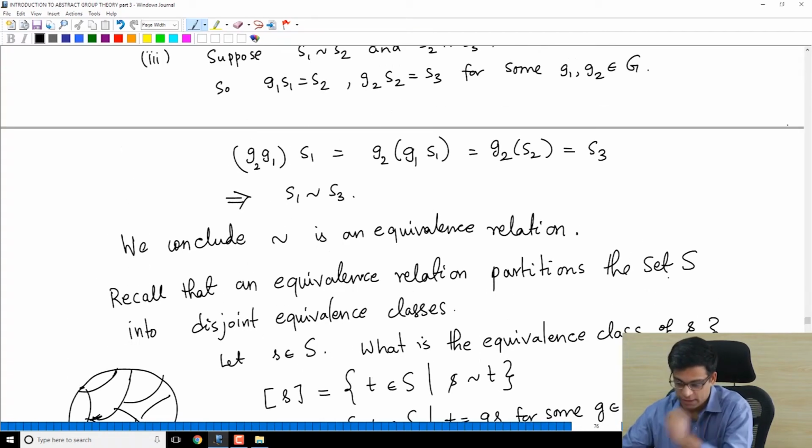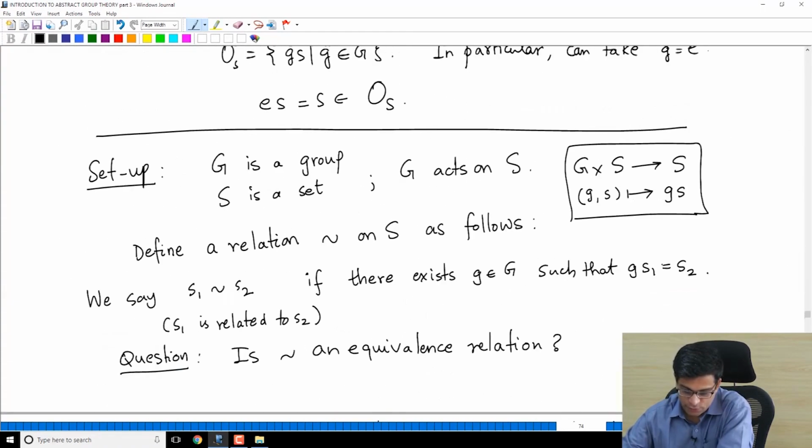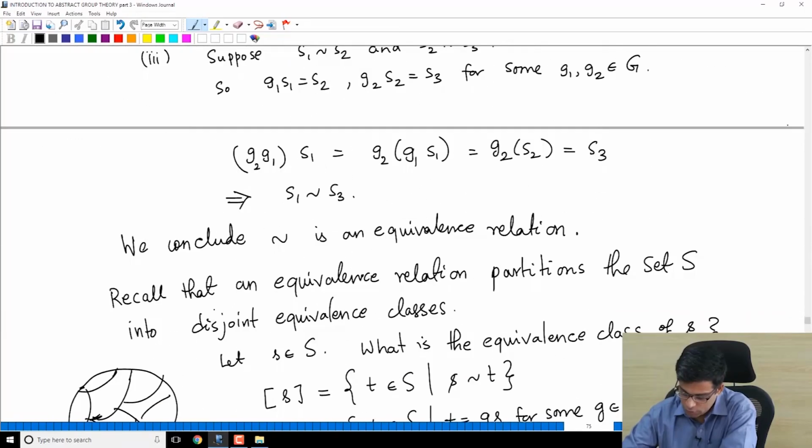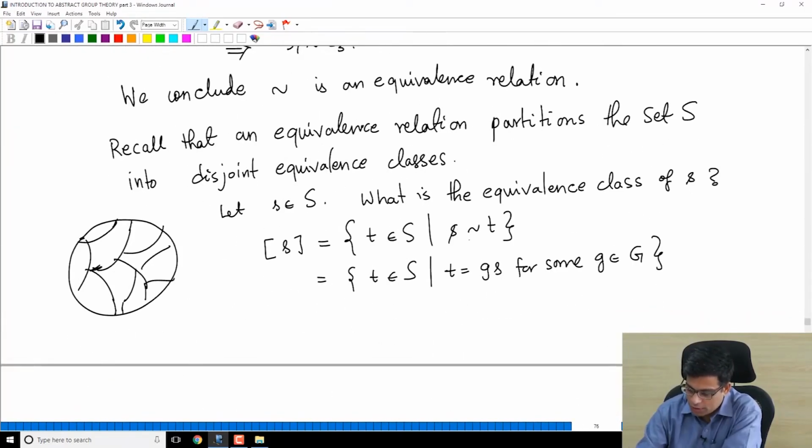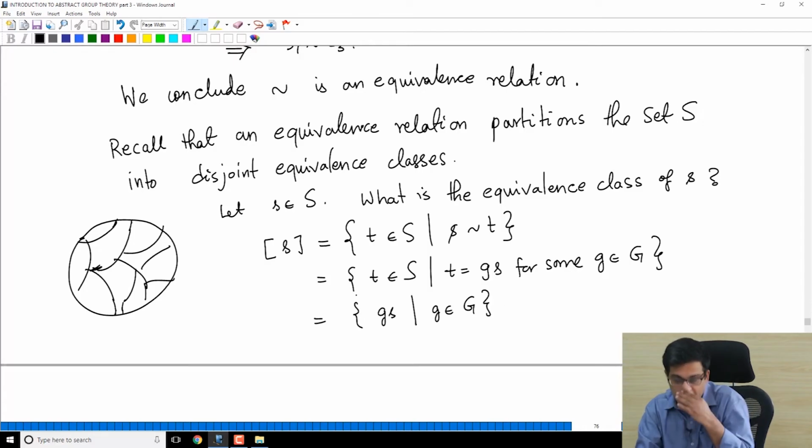Right? Remember, this is the equivalence relation. We say that S1 is related to S2 if there is a g such that g S1 is equal to S2. So if t is supposed to be related to s, then gs must be t for some g. So this can simply be written as gs for all g in G. I can eliminate the variable t here.